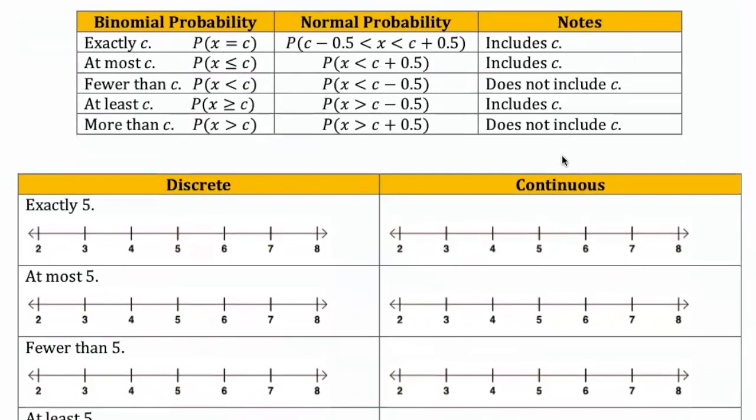Here's a table that tells you specifically, if you're looking to calculate a binomial probability of getting exactly C successes, or at most C, or fewer than C, how you would change the binomial probability to a normal probability when you use your normal approximation. I actually think it's easier, though, to show you some examples to explain why this middle column looks the way that it does.